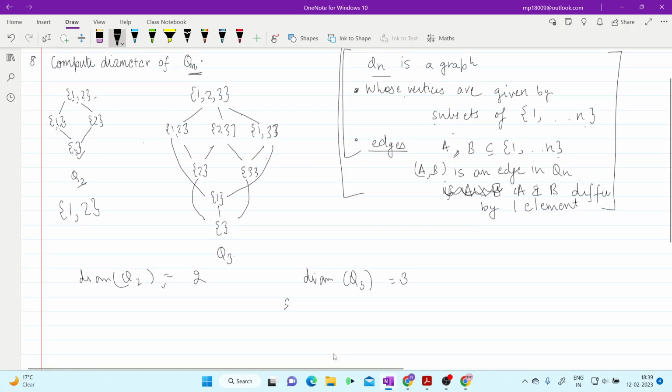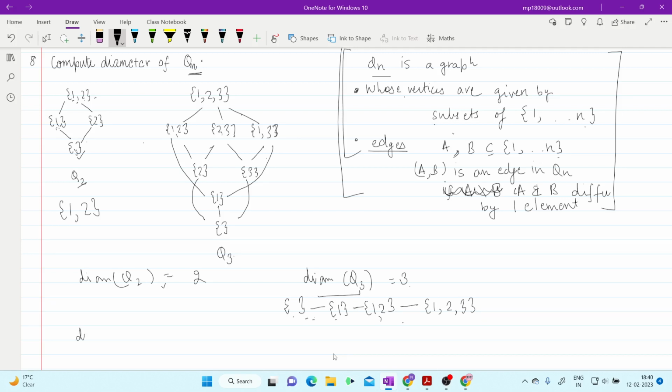So you are saying if we want to compute the shortest path between the empty set and the complete set 1, 2, 3, there is an edge only if there is a difference of one element. So if we have to construct a path, we can add only one element at one stage. Therefore the diameter of Q3 will turn out to be 3.